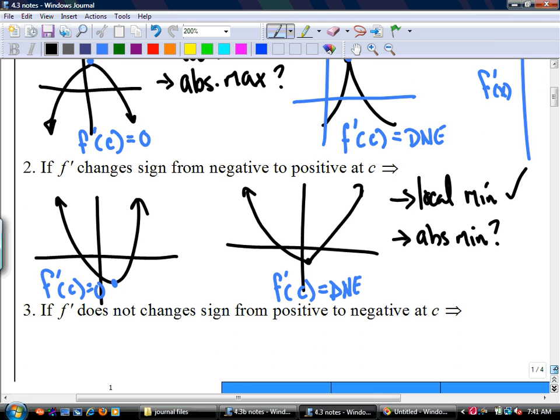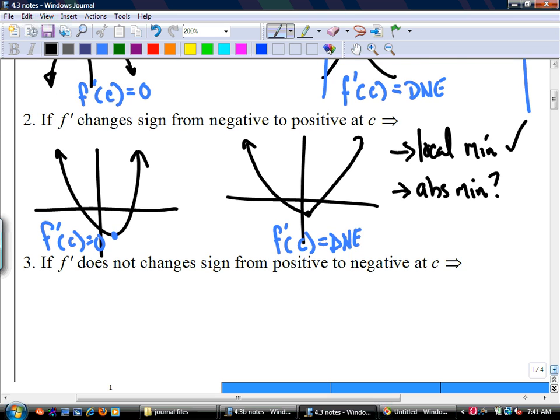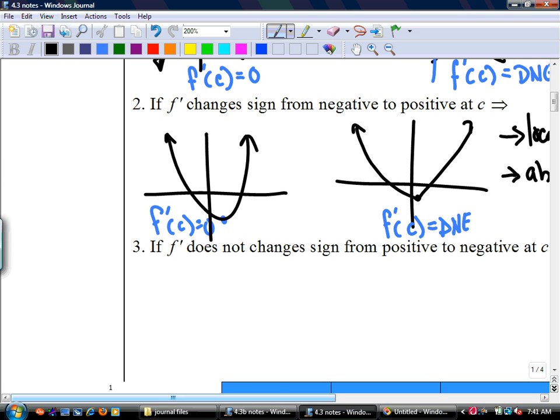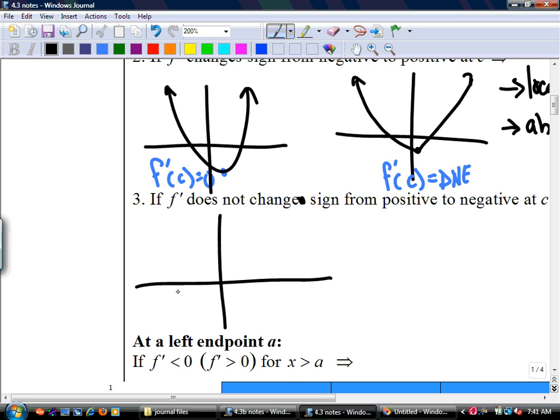What if f prime does not change from positive to negative at c? Do you want a little table over there on the side so you get the idea? F prime does not change sign. So here it's positive the whole way, but f prime of c does not exist.